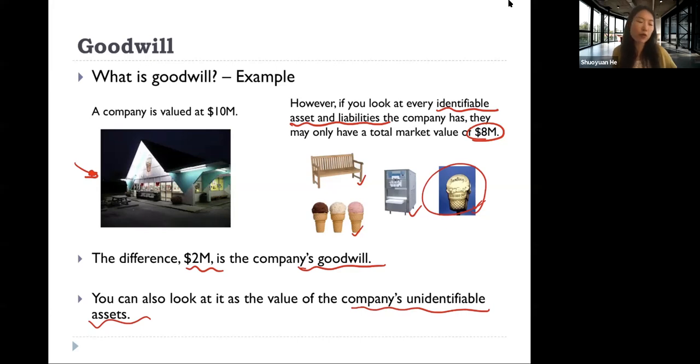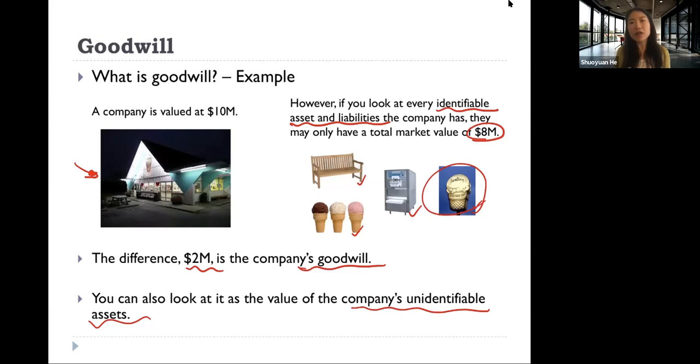It is only if we acquire the firm and combine it with our existing assets that the value will increase. So that may be another reason. Or it may just be that the acquirer is actually overpaying.